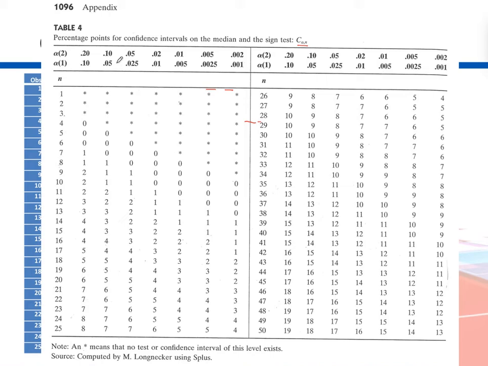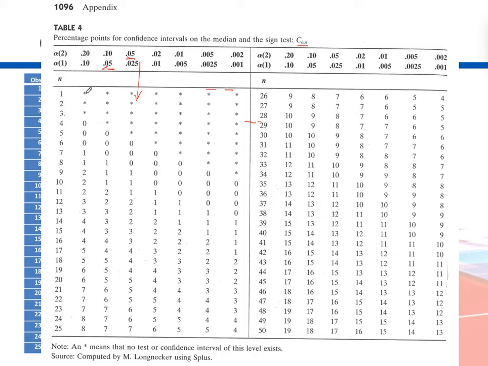Since our alpha is 0.05 and we are doing it as a two-tail test, we go to this row, and here we see 0.05 is written. So our numbers are in this column, and if we were doing it as a one-tail test, we would have looked at the numbers in this other column.